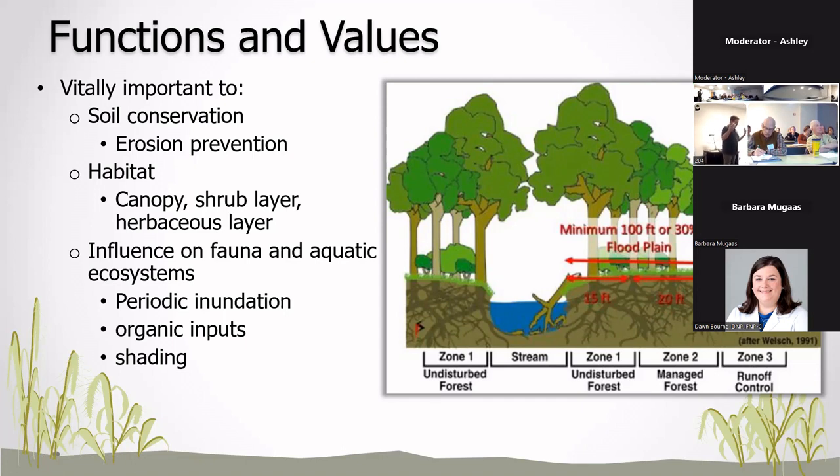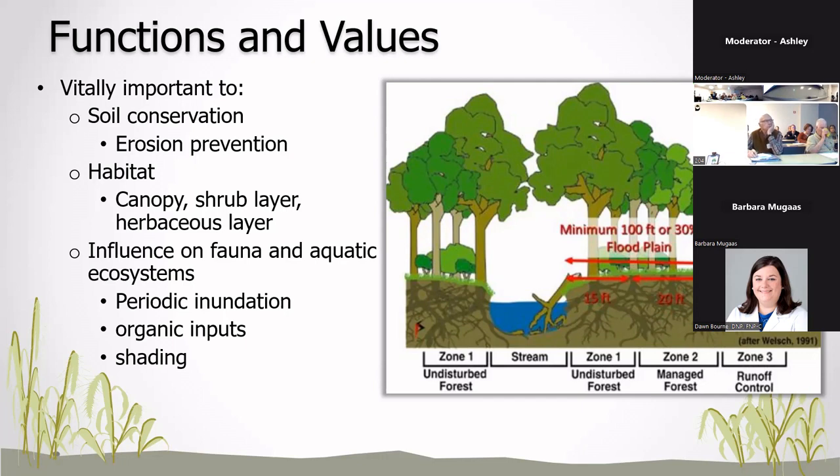The other thing that buffer does is it's providing inputs into that stream. There are all kinds of things living in that stream, and the riparian buffer is providing them the food, the organic material, the structure, sticks and things that provide habitat. If you have a healthy riparian buffer, it is putting stuff into that stream that is vital to the survival of everything living in that stream.